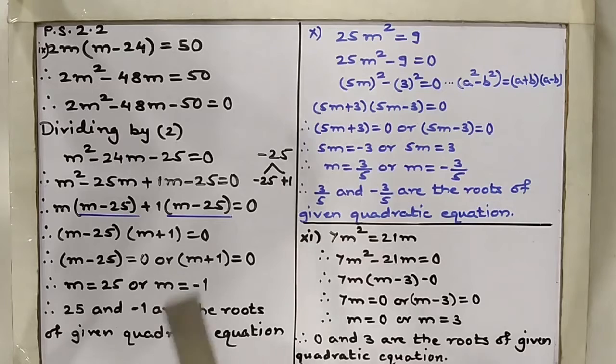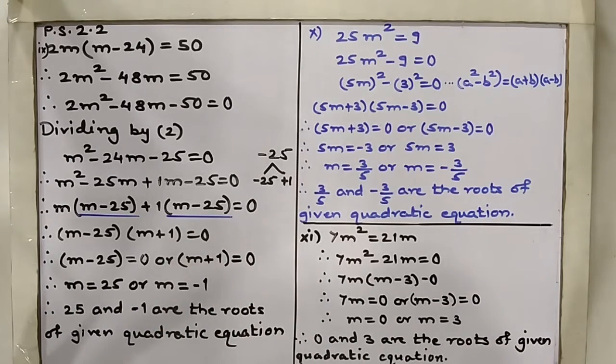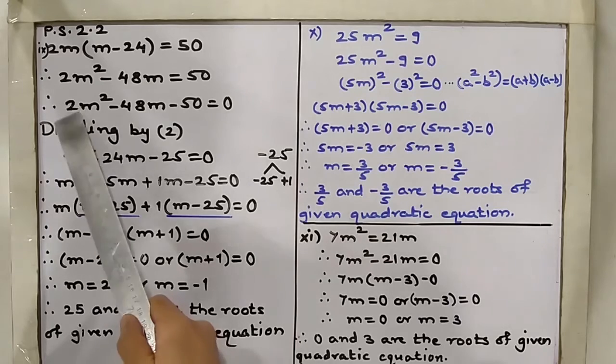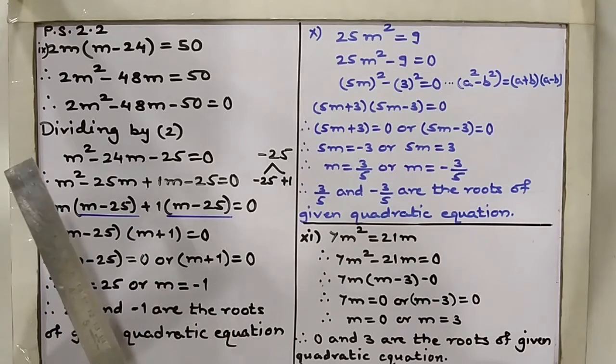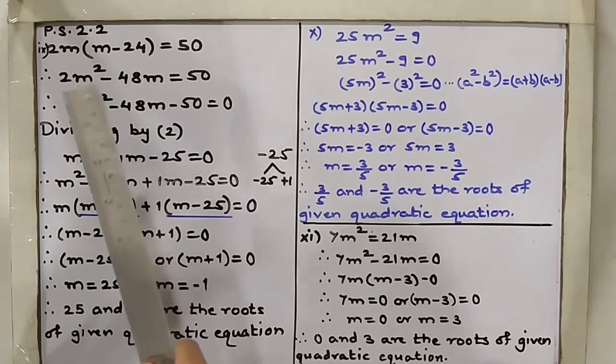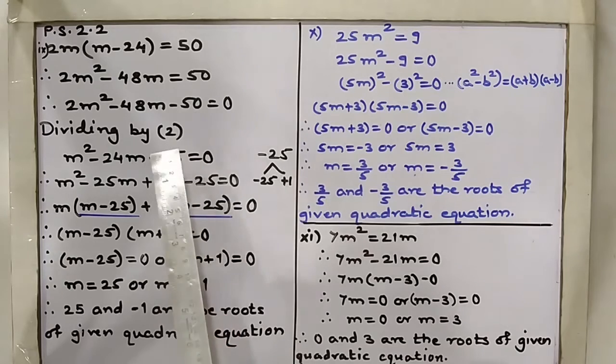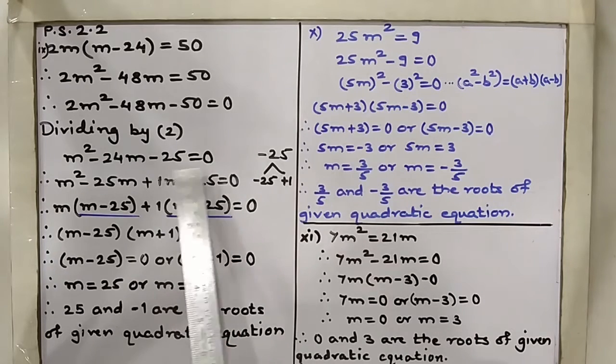Now in order to simplify this quadratic equation, we can divide throughout by 2. So 2m square divided by 2 is m square. Minus 48m divided by 2 is minus 24m and minus 50 divided by 2 is minus 25 is equal to 0.